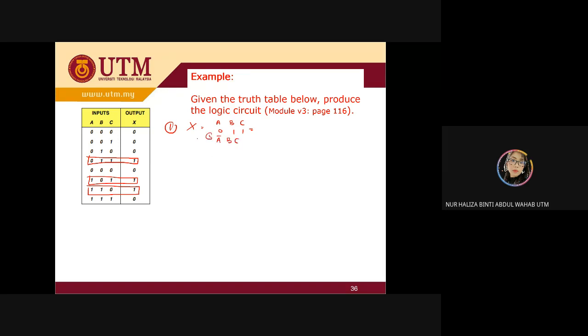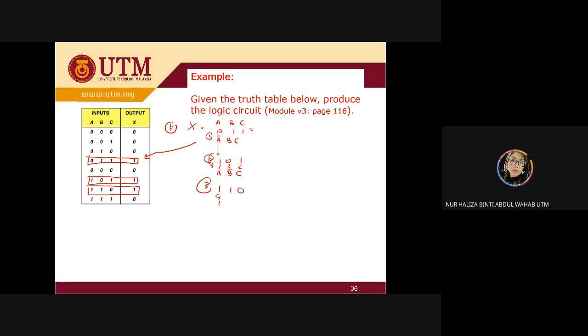This is my 1. And second, I'm going to have still A, B, C, referring to this 1, 0, 1. So it will be represented as A, B bar, C. For my third one, it will be 1, 1, 0.